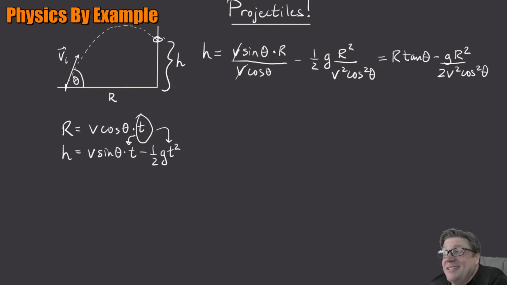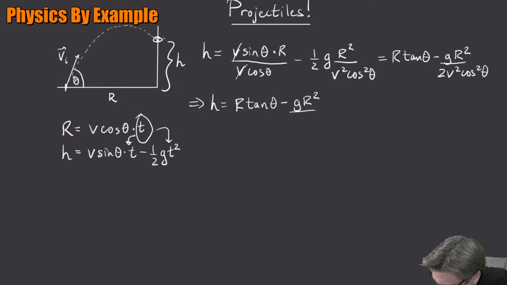I mean, maybe that's a little bit cleaner. Oh, but look at this. What can we do? This is h equals r tangent theta minus g r squared over 2v squared times 1 over cosine squared theta.